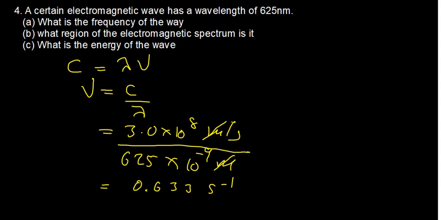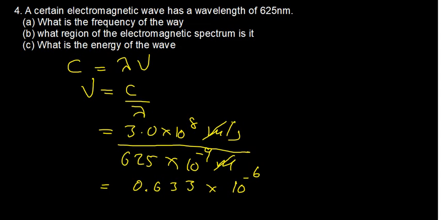So we can also convert this value to a more convenient unit. Let me just write that again. So that is 0.633 times 10 to the power negative 6.